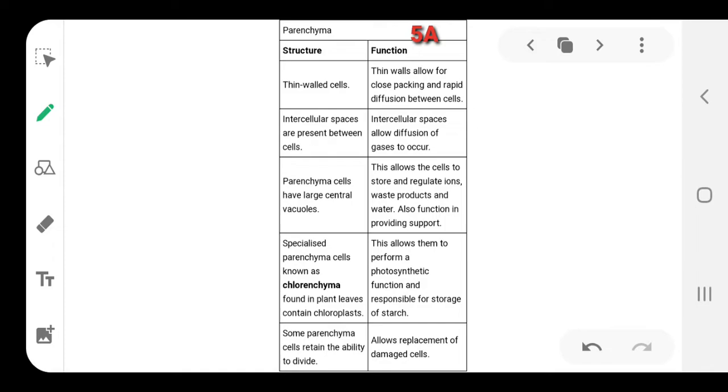Now come to the structure part of it. These will act as detailed notes for this tissue, and you can use them to differentiate between the parenchymatous, sclerenchymatous and collenchymatous tissues. Okay. In the case of parenchyma, they have thin cell walls, and thin walls allow for close packing and rapid diffusion between the cells. Okay. Thin walls, close packing and rapid diffusion.